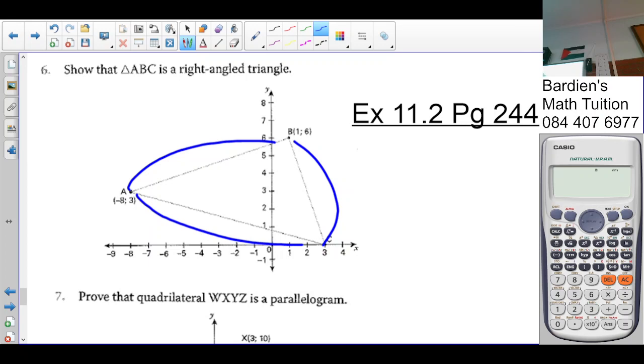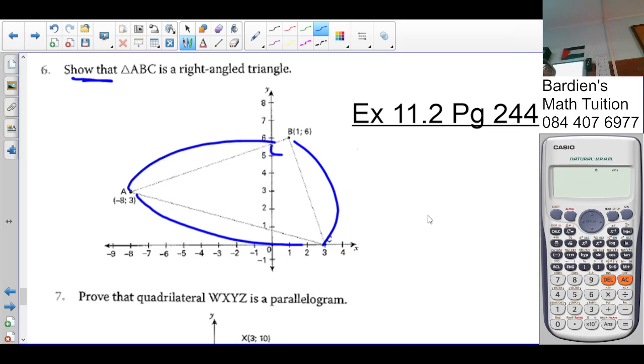Where do you think the 90 degrees will lie? At B. Not so, it looks like it's at B. Okay? So if you get to show that, then that means to say it is a right angle triangle. Okay? So in right angle triangles, what do we know? What can we apply?